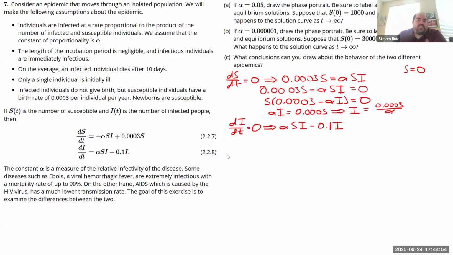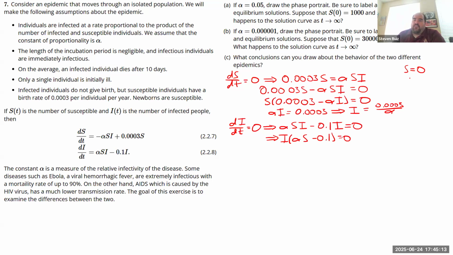Oh, because one individual dies every 10 days. Okay, that's why. So if this equals 0, this time I'm going to factor out an I. So alpha s minus 0.1 equals 0.